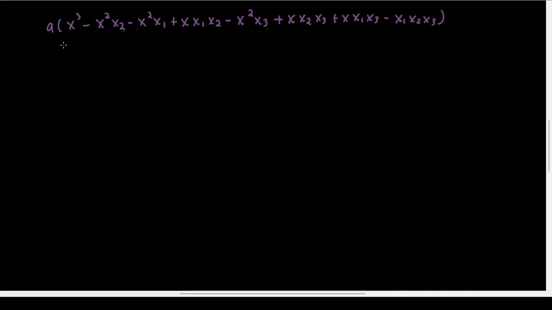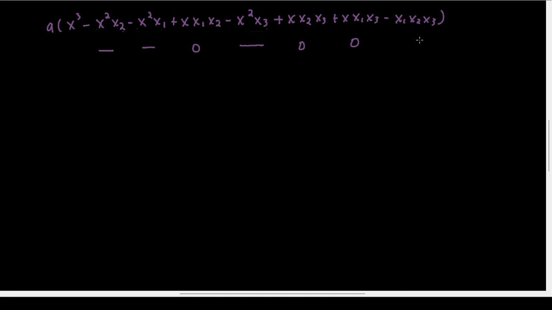I've gone ahead and rewritten the equation all in one line. The next step is to distribute this a to all these terms. And we're also going to want to group these terms based off the x exponent. So x to the third is going to be all by itself. All these x squared terms are going to be grouped together. And all these x to the power of 1 terms are going to be grouped together.